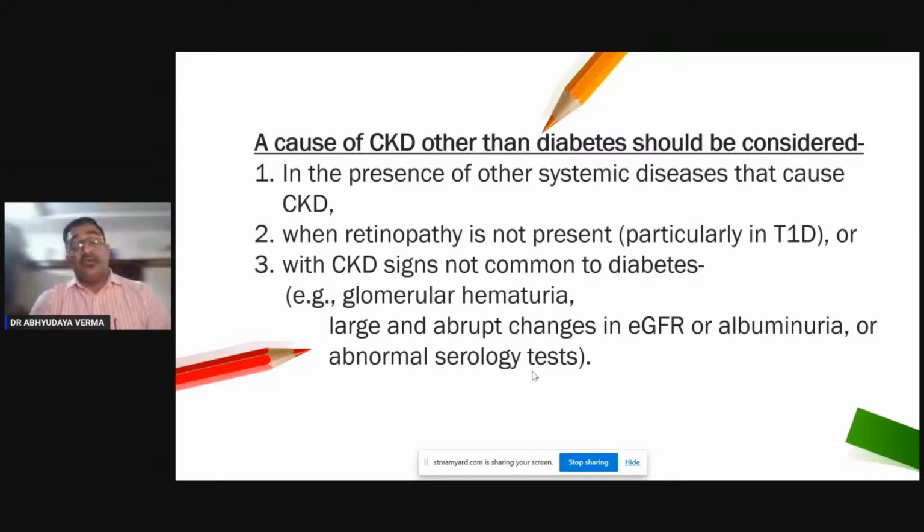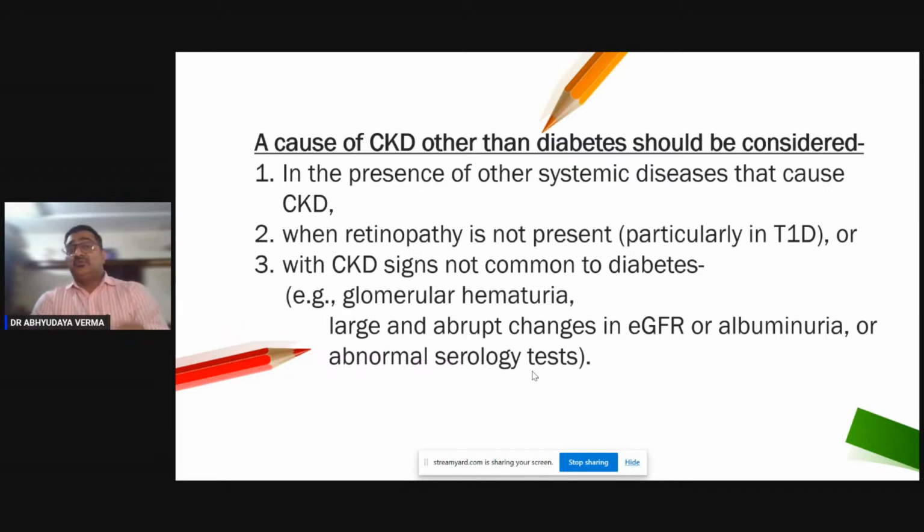So what we should consider: causes of CKD other than diabetes? Yes, other systemic causes also, especially when retinopathy is not involved. So, whenever we diagnose a patient with nephropathy, we should get a retinal examination also, because almost 100% of the diabetic nephropathy patients have retinopathy.